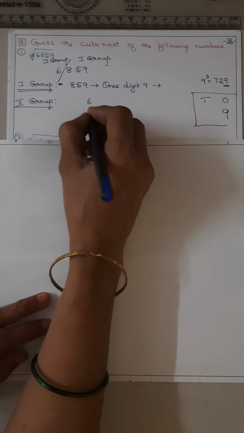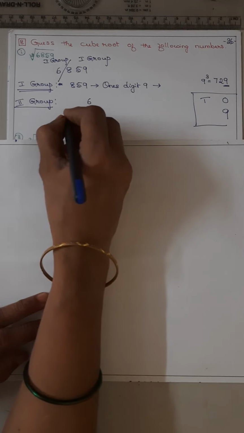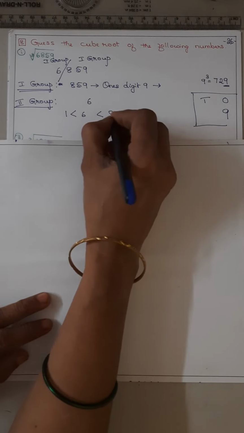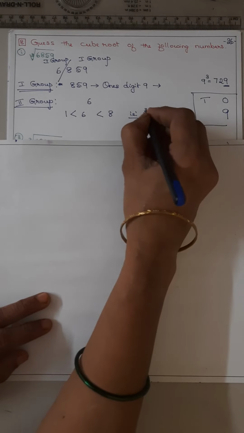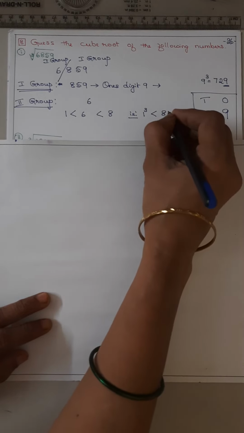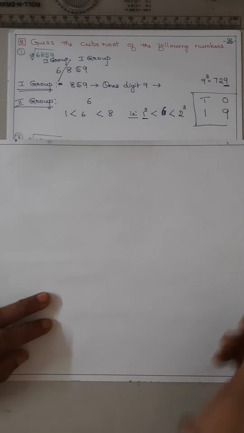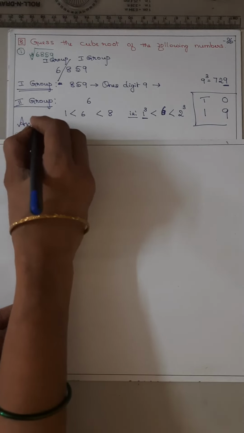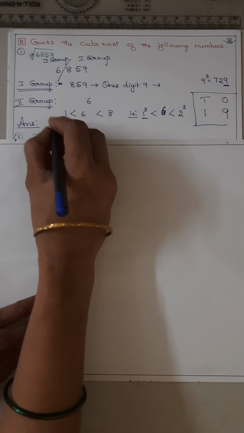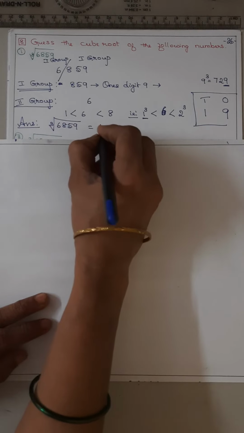So 6 comes between 1 and 8, that is 1 cube and 2 cube. Now we have to put 1 in the tens place. So answer, cube root of 6859 is 19.